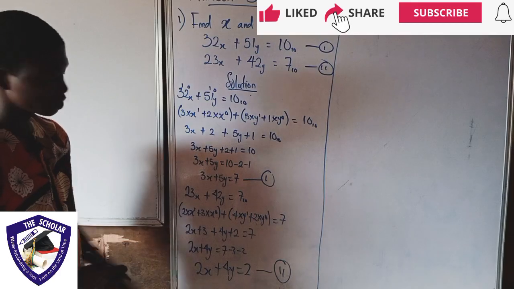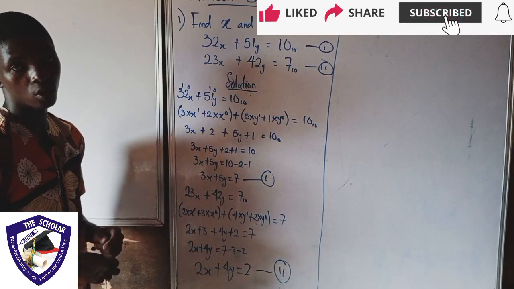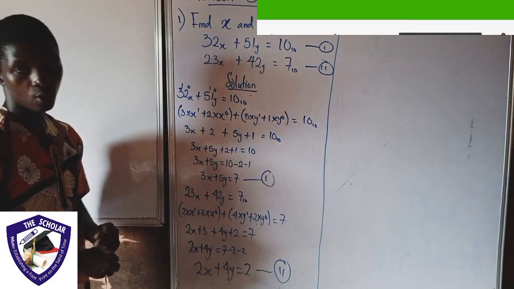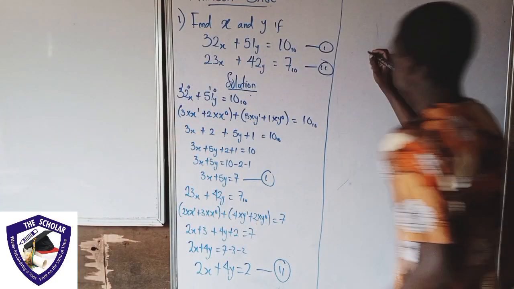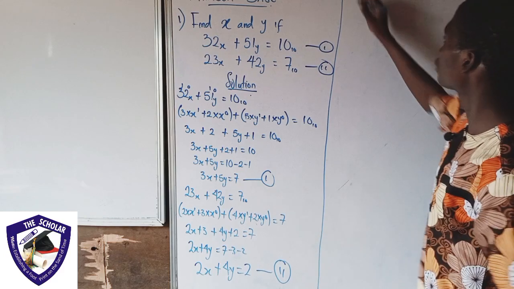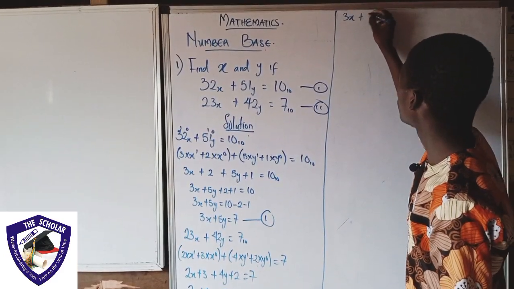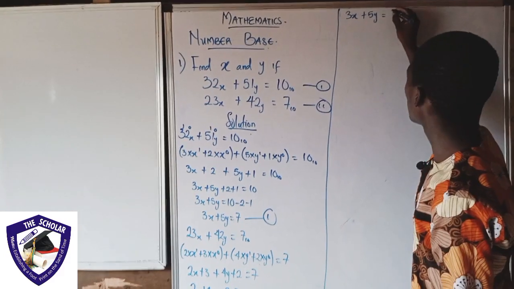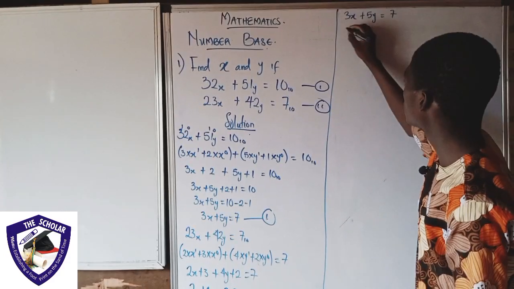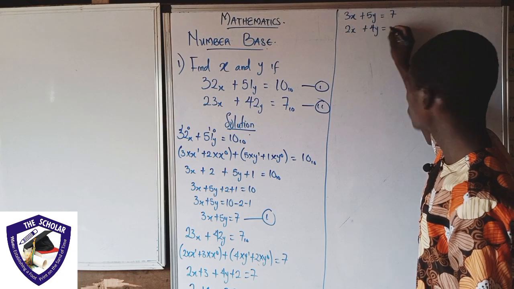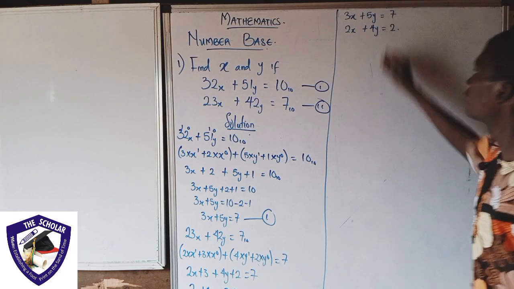So I have two simultaneous equations of two unknowns. So I can now find my x and my y. So next thing I do is to move down here, write out the two equations. Equation 1 is 3x plus 5y equals 7 and equation 2 is 2x plus 4y equals 2.